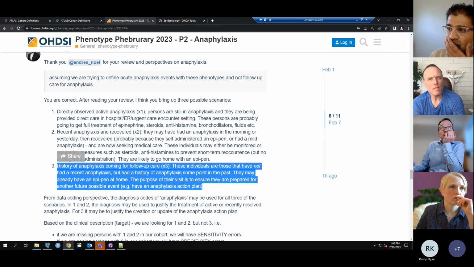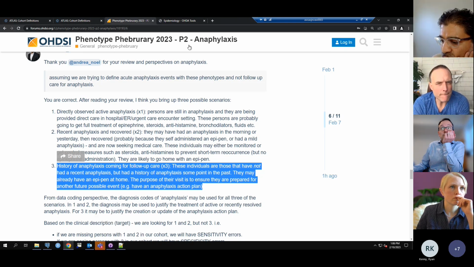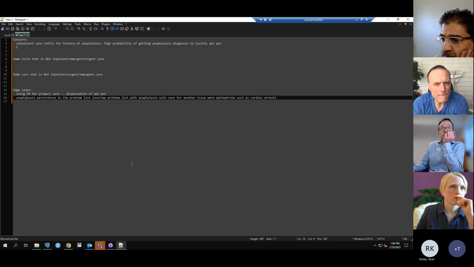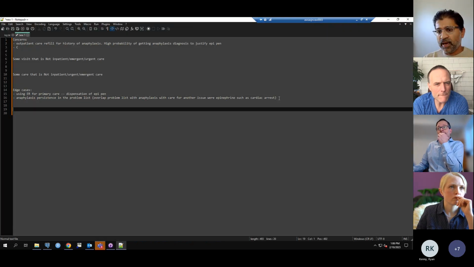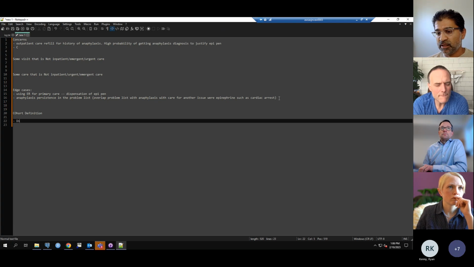Okay. I'm going to try to model that in Atlas, and then let's run it and see if we get any people in it. To model this, people have to have a diagnosis of anaphylaxis.